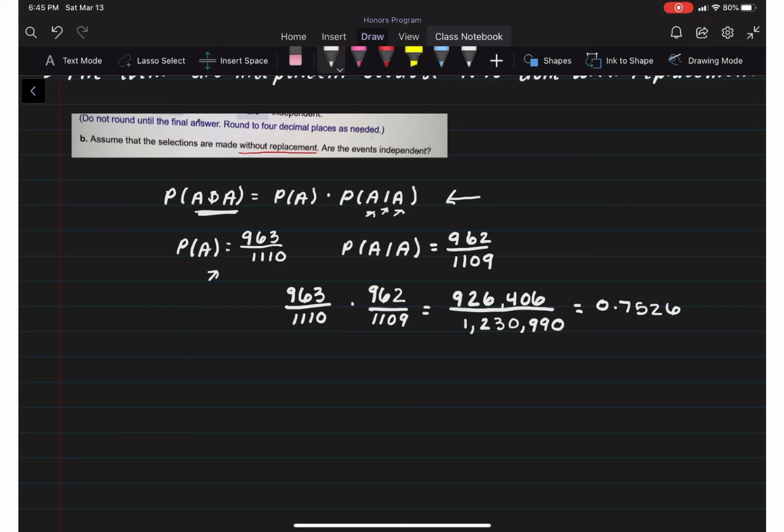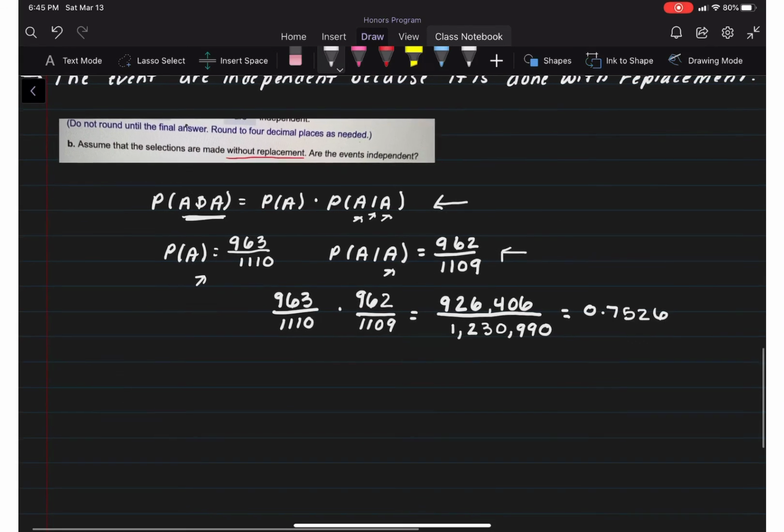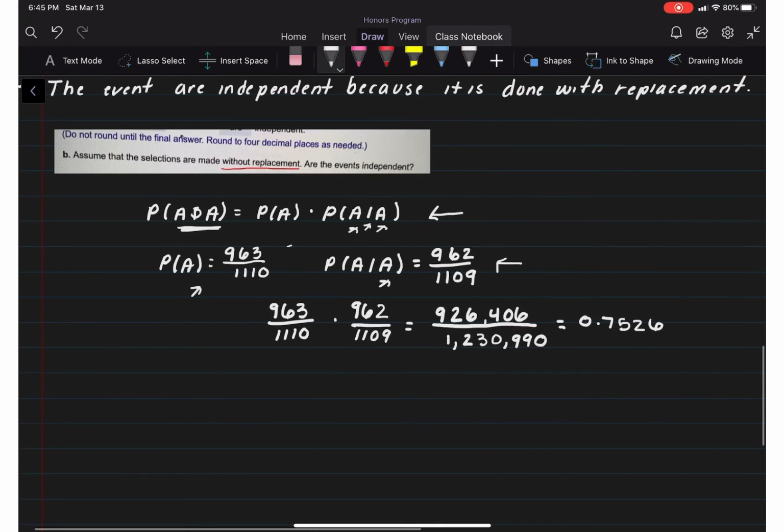And then the probability of A happening given whatever. What we get is 962 over 1,109. So I get this from subtracting 1 from here, because we are not replacing it.